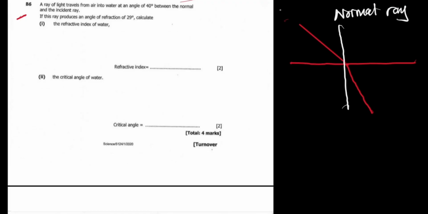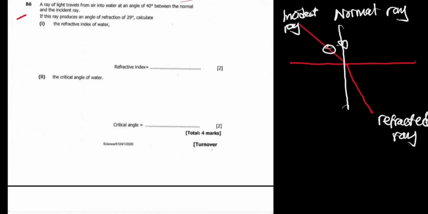The ray that is coming from the source of light is actually going to be the incident ray. And the one that is in the second medium, that is refracted, is called the refracted ray. Now, the angle between the normal and the incident ray is what we call the incident angle.